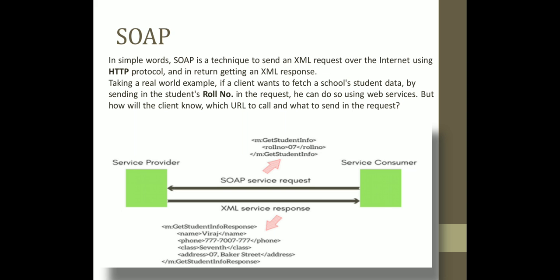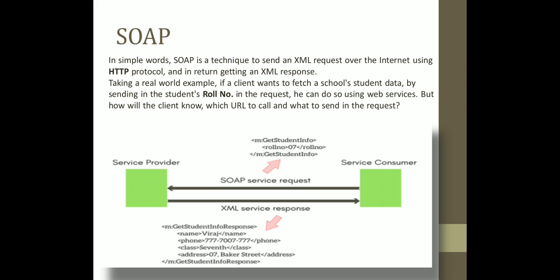Plus, if a client wants to fetch school student data by sending the student's roll number, he can do so using this web service. This is another example of web services using SOAP. How will the client know which URL to call and what to send in the request? We'll see with this example.